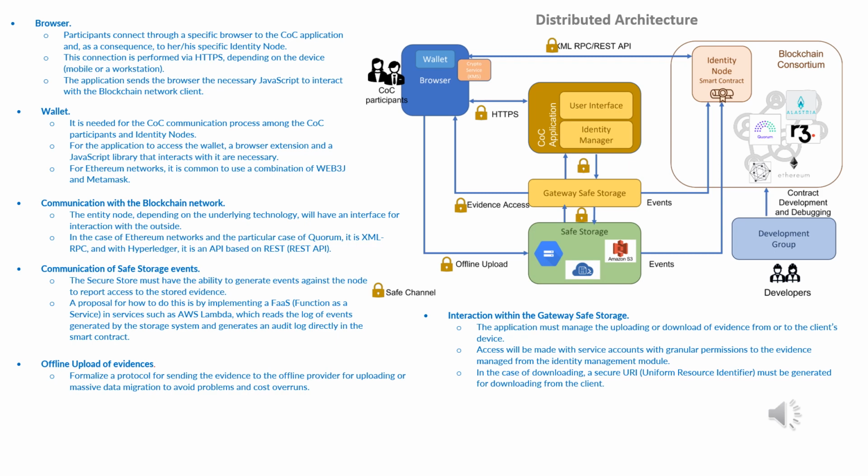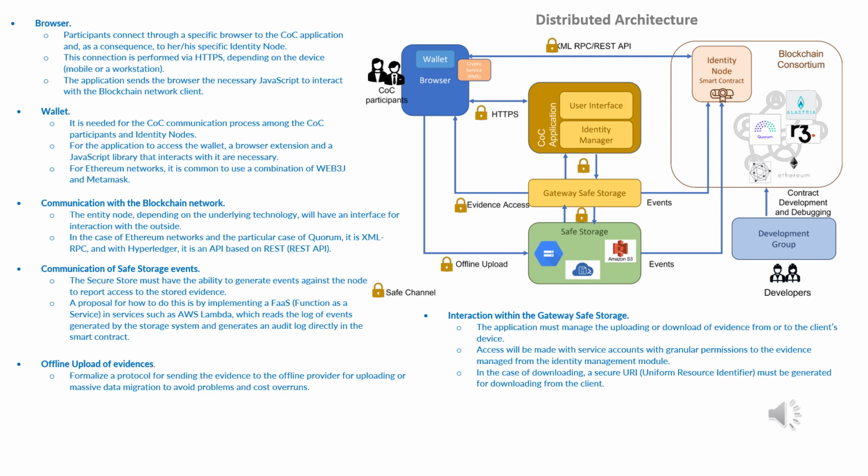So you also have a wallet. It is needed for the chain of custody communication process among the chain of custody participants and identity nodes. And for the Ethereum network, which is what was being used, Quorum version of things, Ethereum, it is common to use a combination of Web3j and MetaMask.